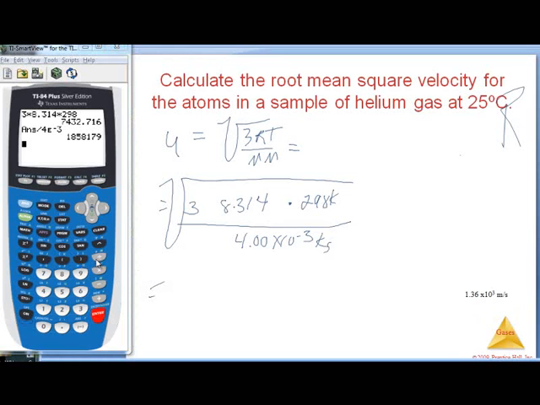And now I need to take the square root of that, so I'm going to do second square root, and I'm going to use my arrow to go up and pick that number up, put it in the square root, calculate it, and I get 1.1363, and let me see, it looks like 2 or 3 sig figs, so it's 1.36 times 10 to the third meters per second, which would be my velocity units. Alright, not too bad.